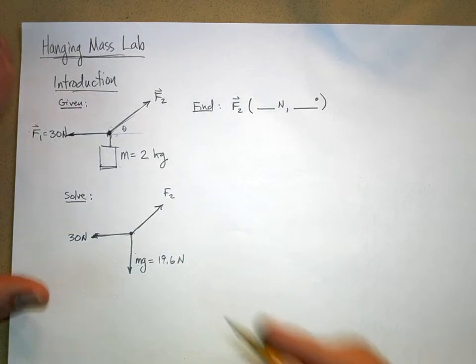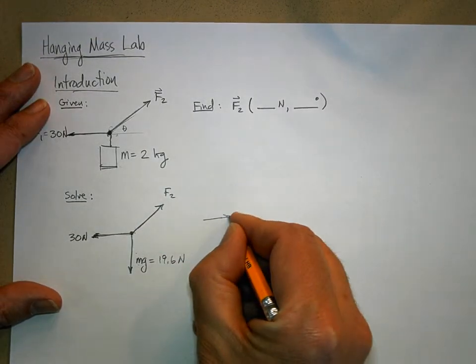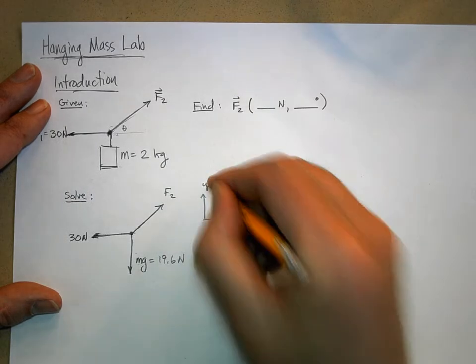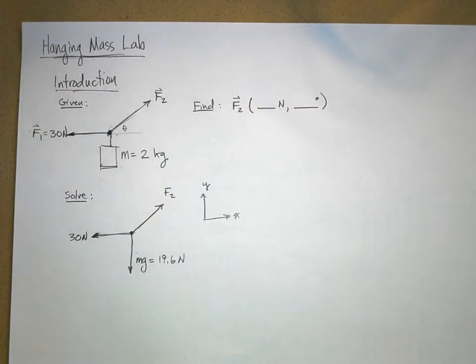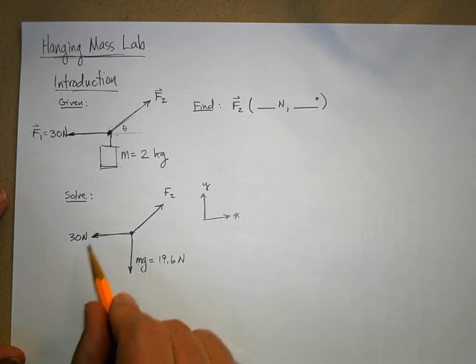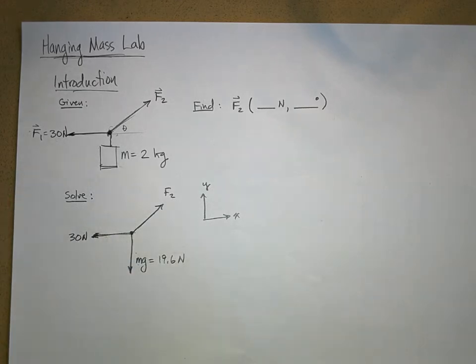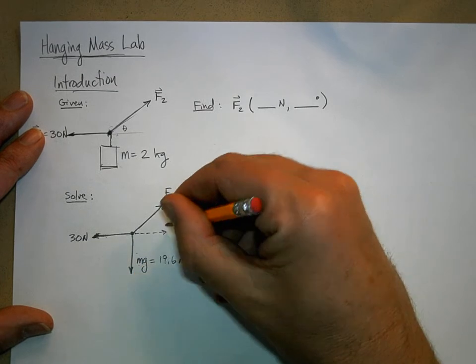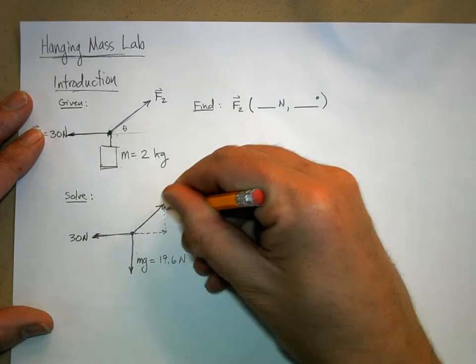And so I need to establish an axis system, step 3. Let's make this X and this Y, kind of a standard thing. There's no reason to tilt the axis system in this problem because 2 out of the 3 forces are already lined up vertically and horizontally. So I'm just going to leave the axis system the way we usually have it. And then I have to take F2 and break it up into its X and Y components.